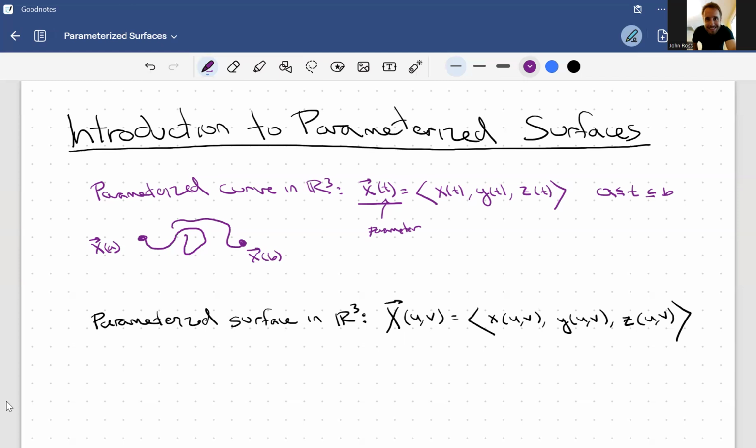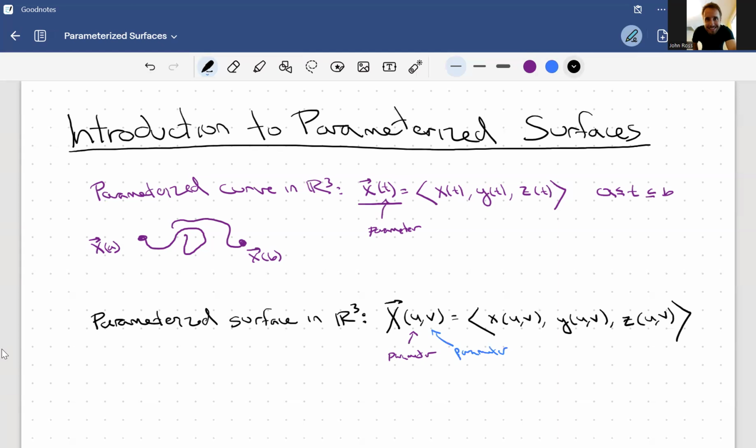Now, a parameterized surface is going to be a similar expression. You'll notice there are two parameters, u and v. And so u is going to be a parameter, and then also v is going to be a parameter. And we have our x of u comma v.